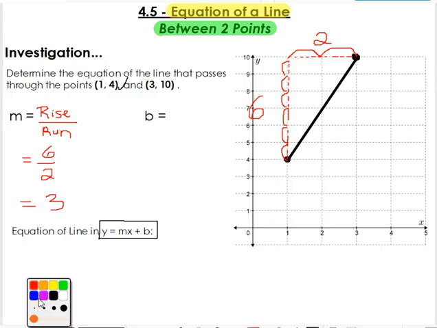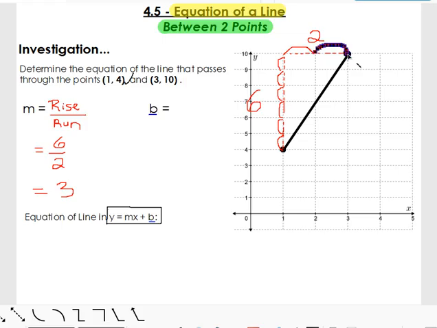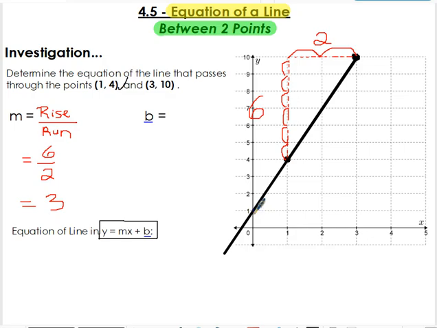Now, in order to get the y-intercept, or the b value in our equation, y equals mx plus b, we need to know where this particular line crosses the y-axis. In order for us to do that, we could extend this line. So using your ruler, you extend it, and you'll notice it crosses the y-axis perfectly at positive 1.